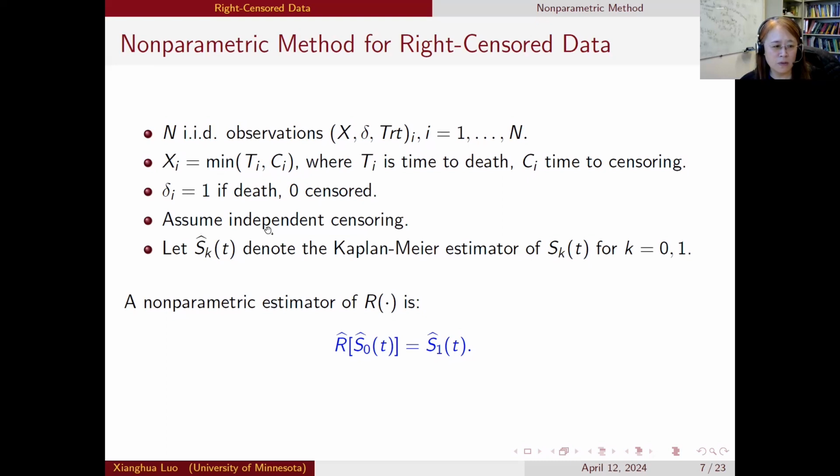And of course, we need the independent censoring assumption as usual. So we use hat to denote the Kaplan-Meier estimator of the survival function for the two groups, the control and the treatment group. And the nonparametric estimator of the two-sample curve can be proposed like this. It's simply plugging the Kaplan-Meier estimator into the corresponding place for the true survival function.